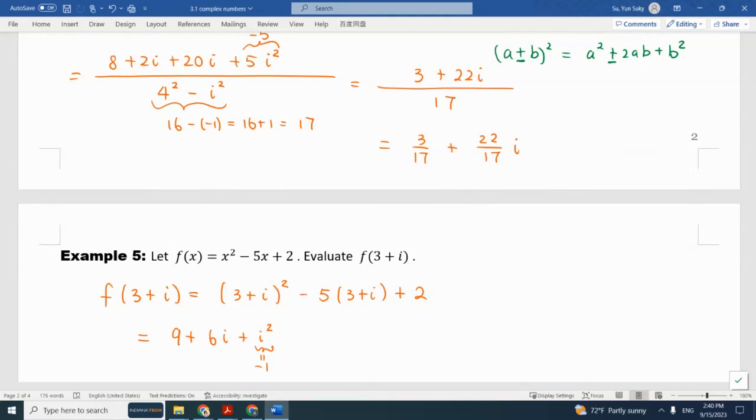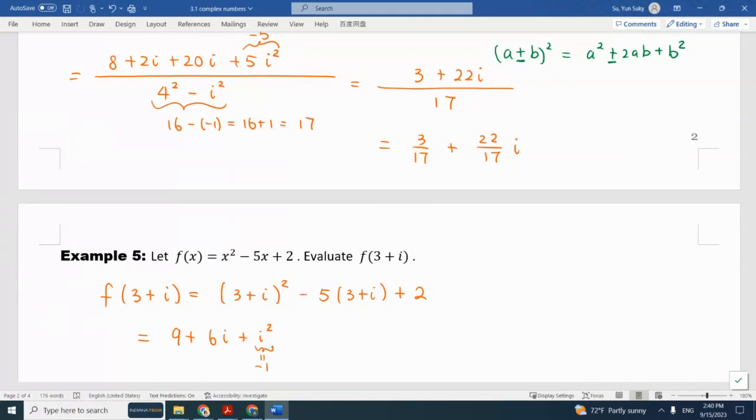So that equals 3 squared, 3 squared is 9, plus 2 times 3 times i, 2 times 3 is 6, 6i, plus b squared, b is i, so i squared, which is minus 1. Is that okay, everybody?